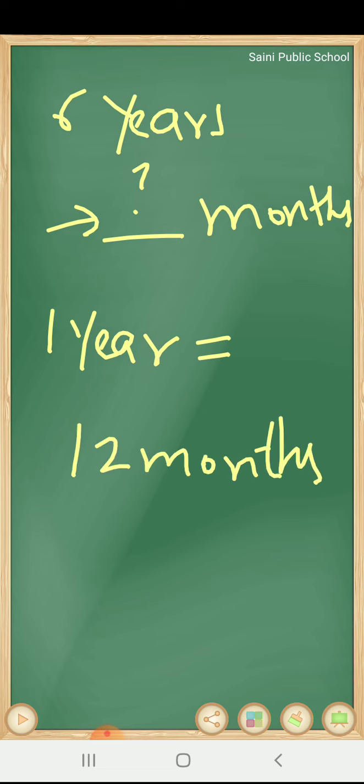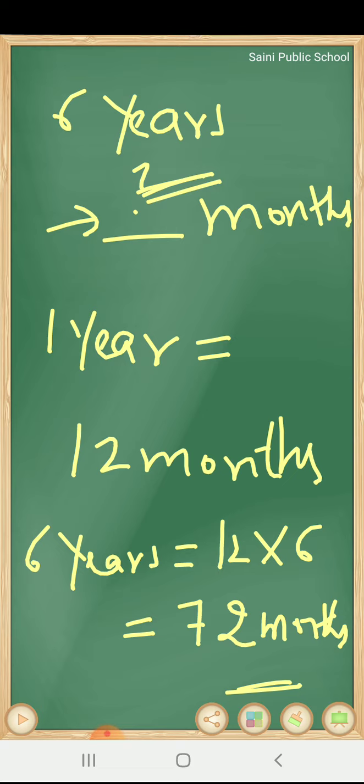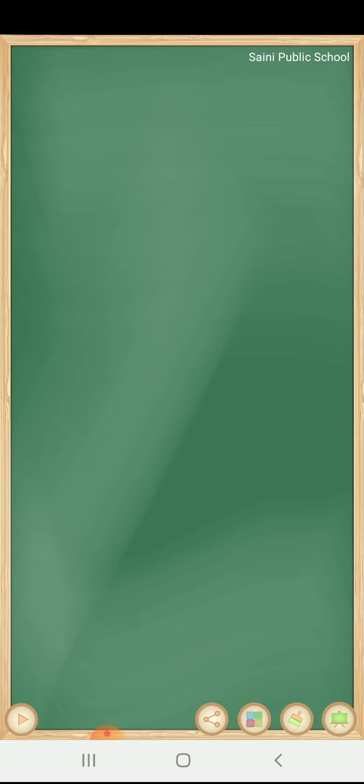So 6 years is equal to how many months? 12 into 6. 12 times 6 is 72. So there are 72 months in 6 years. Okay. Let us discuss the second example.